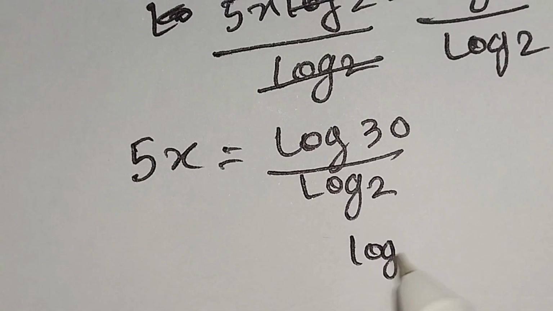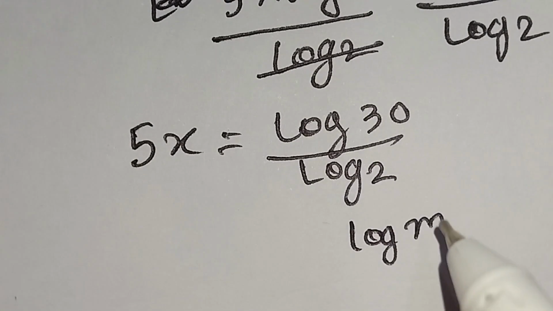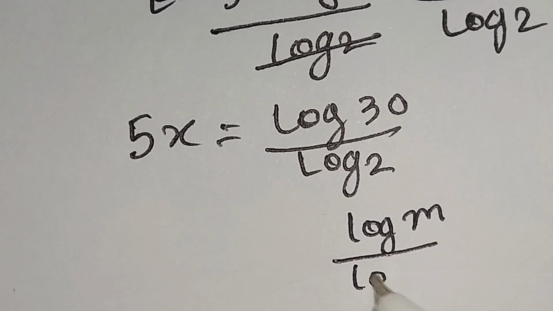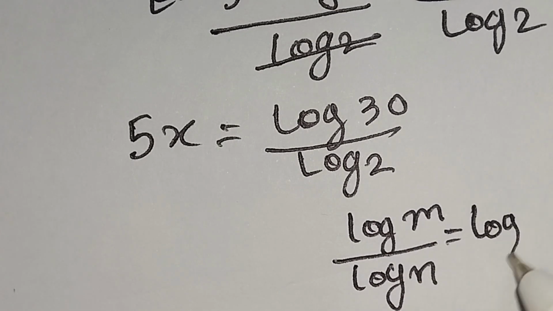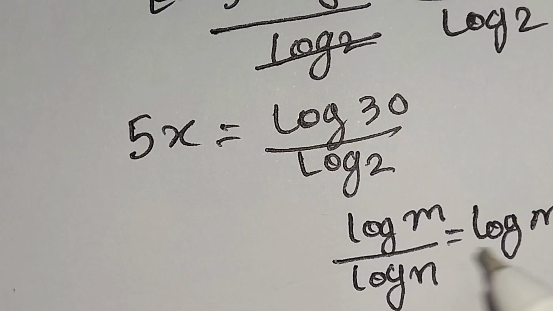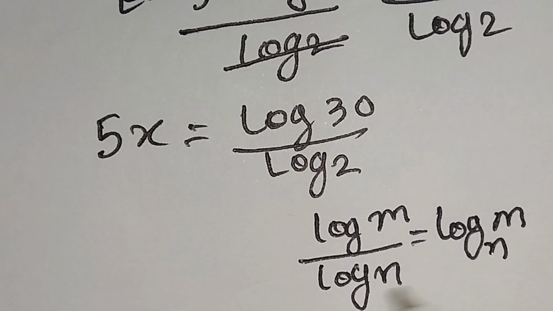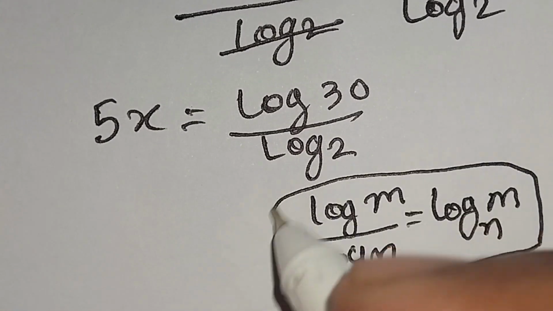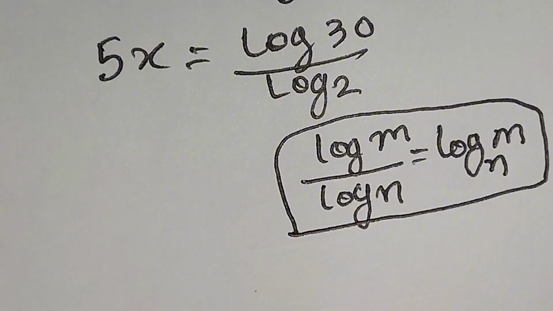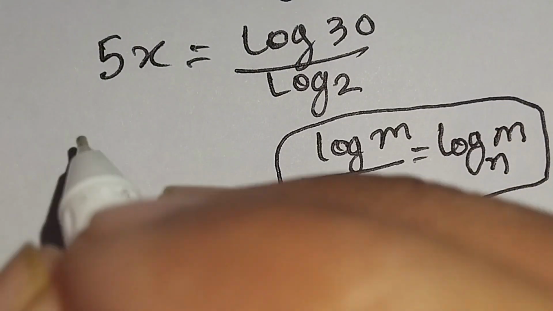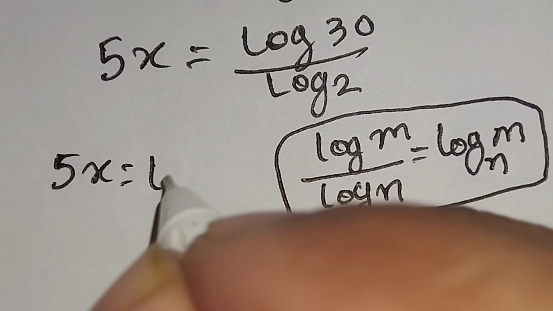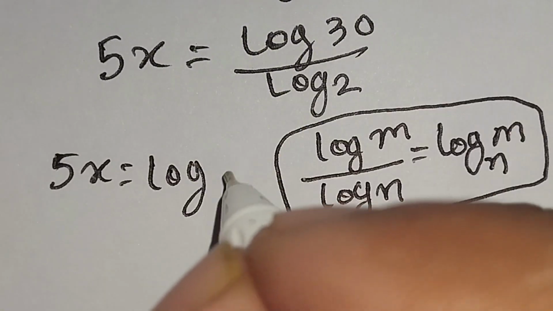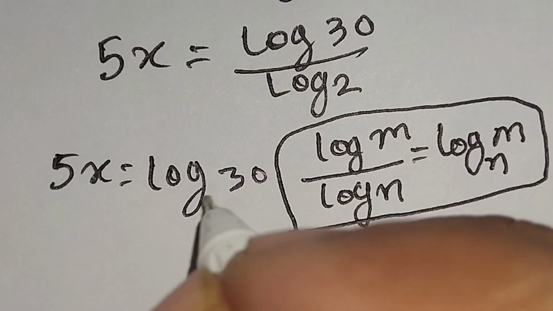Log m over log n is equal to log m to the base n. According to this property, we can write this log 30 over log 2 as: 5x is equal to log 30 to the base 2.